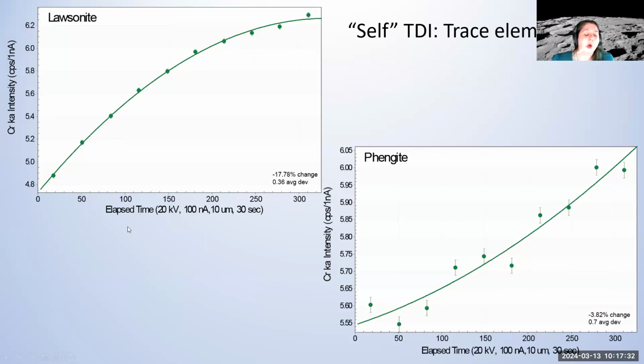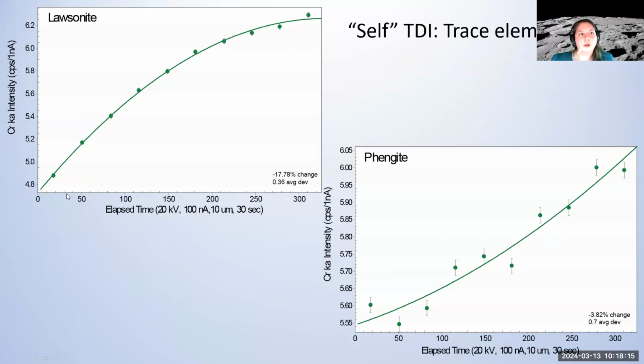So here are two examples of very hydrous, very beam-sensitive materials, a lawsonite and a phengite, and we're looking at the chromium intensities during the analysis. Usually no one ever thinks that chromium could be an element to monitor, but because we damage the overall composition of the material during the analysis, you see that I get an increase in intensities, probably because my mean atomic number increases due to devolatilization, but it's a 20% increase.